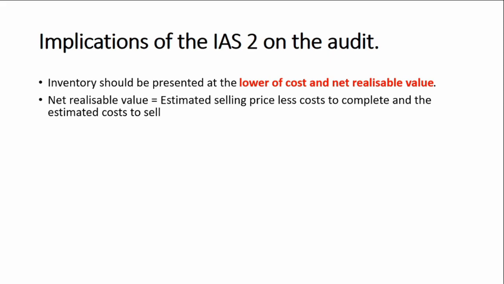I like the fact that this definition adds less cost to completion and less costs to sell, because it then gets the student thinking about manufacturing, gets us thinking about goods that we're making, gets us thinking about work in progress.